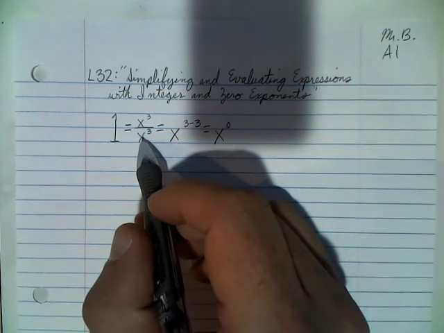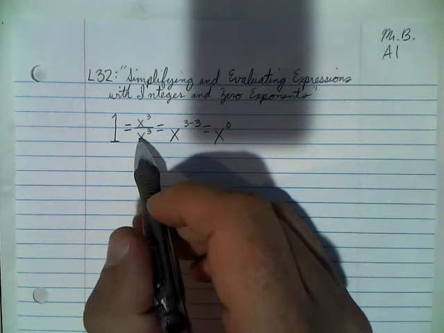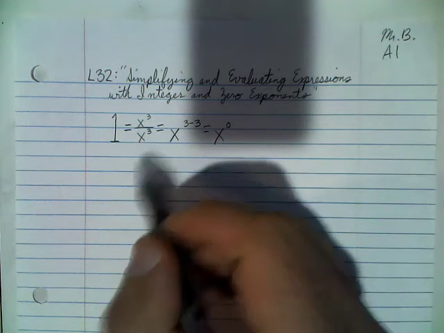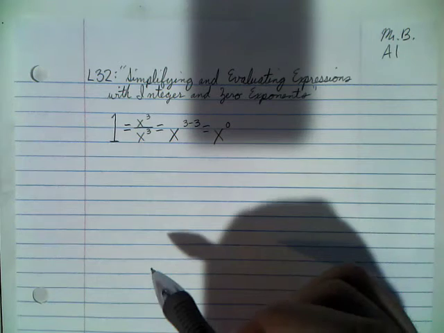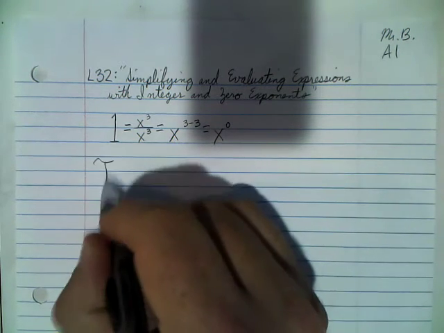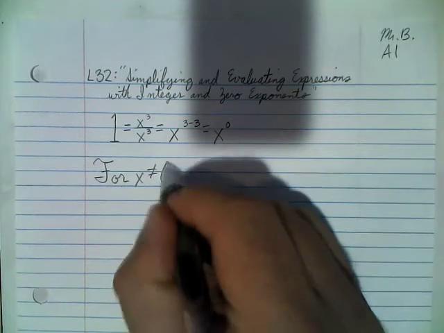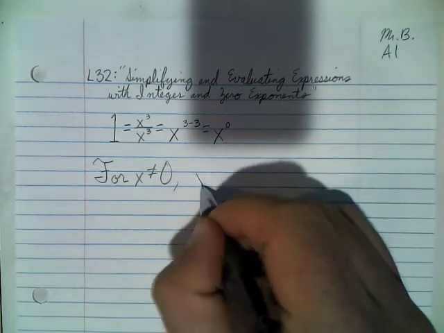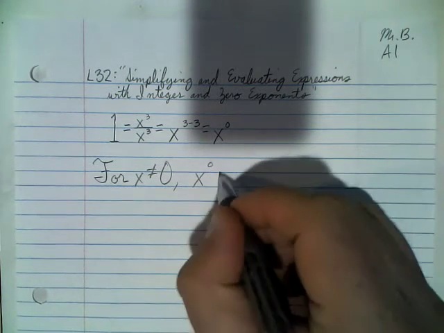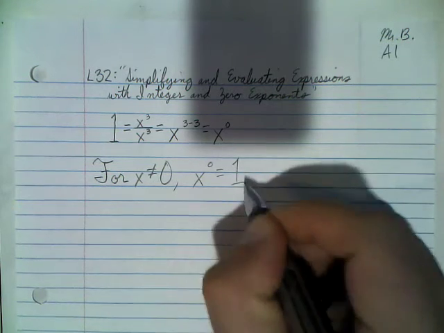Since this is a fraction, you cannot have your denominator be 0. Therefore, x cannot be 0. So for x not equal to 0, anything else to the power of 0 equals 1.